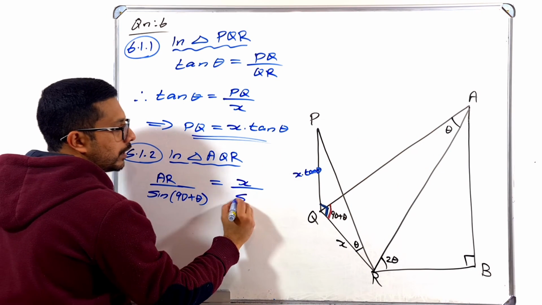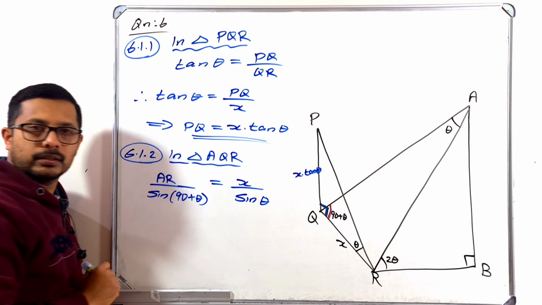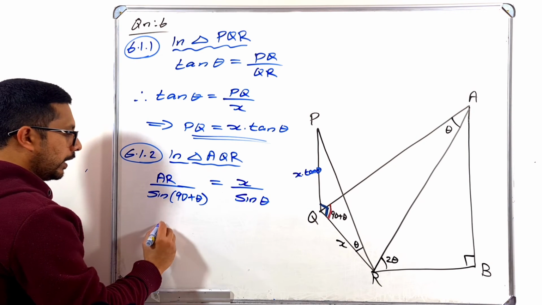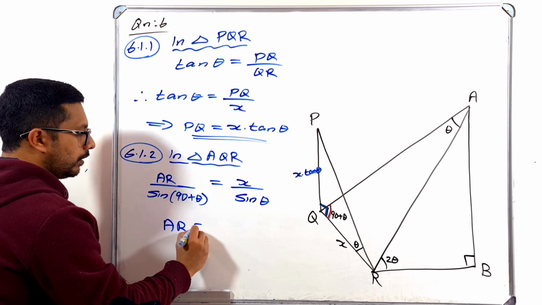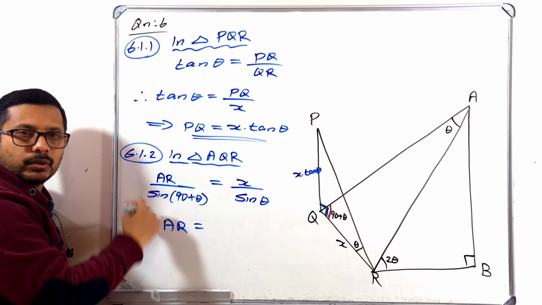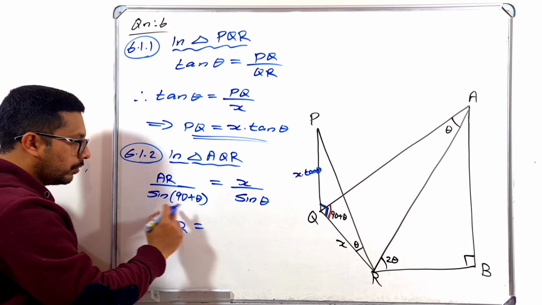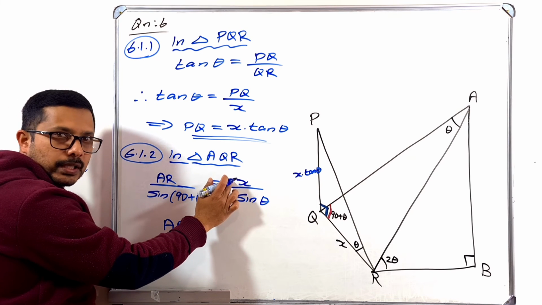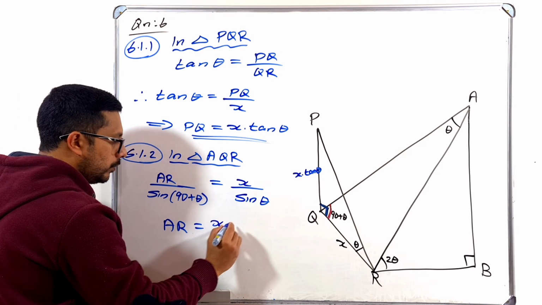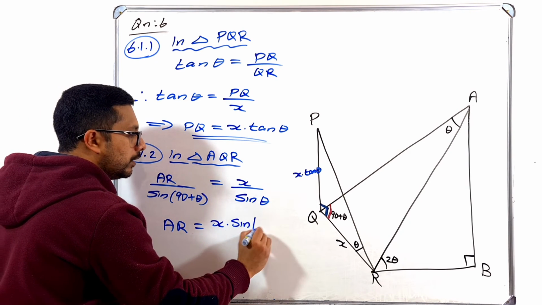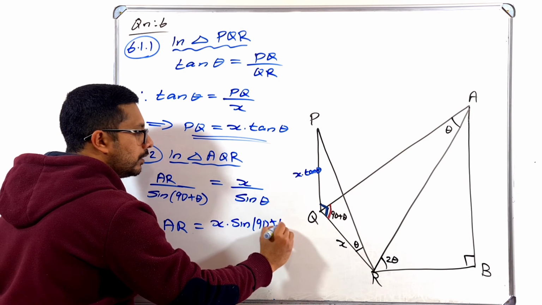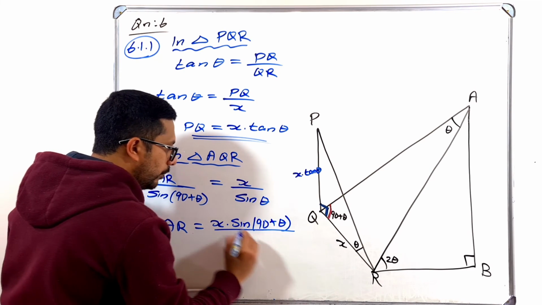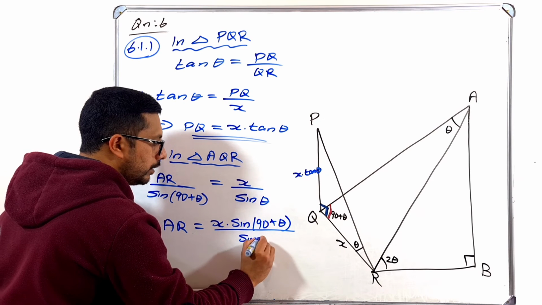So it is sine theta. So from here, what is AR? This is division, so on the other side it is multiplication. So it is X times sine of 90 plus theta divided by sine theta.